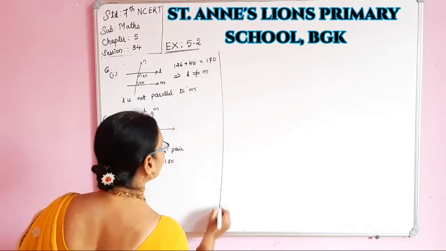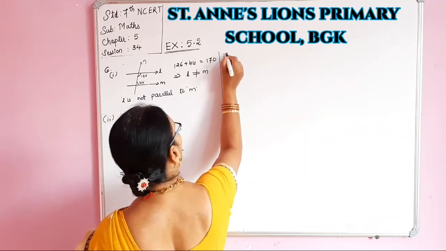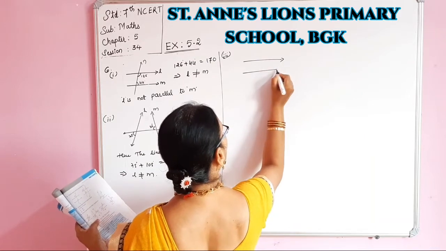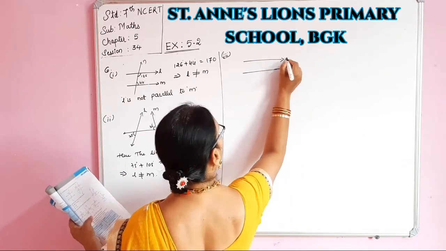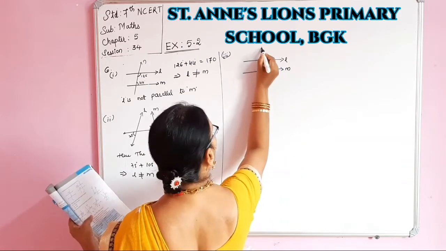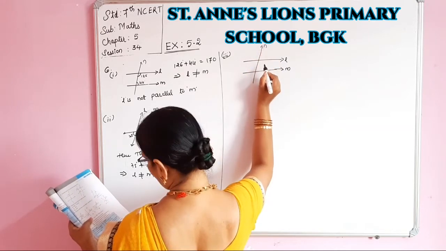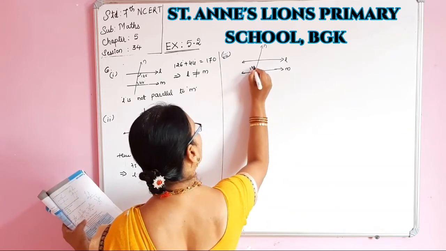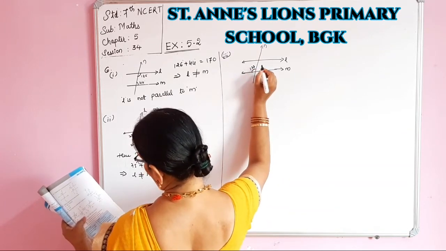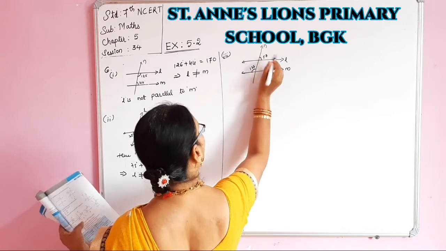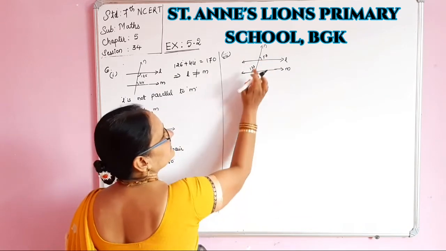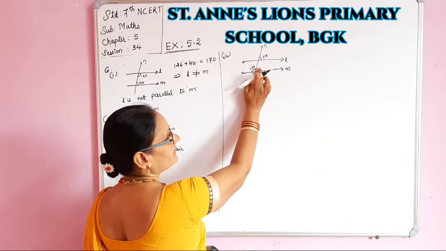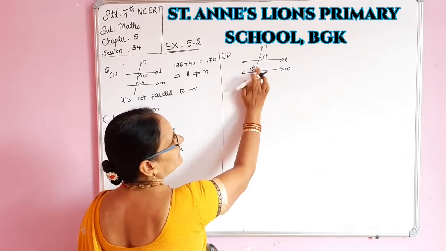Then the third figure, you see. This is the figure, L and M, and this is the transversal N, and this is 123 and this is 57. Now what do we have to do? This must be 57. Okay. How do we find out? These two are a linear pair.